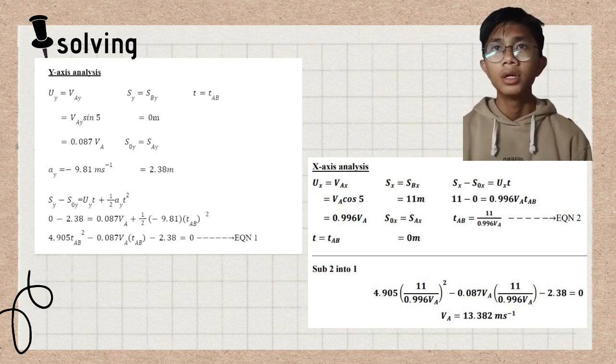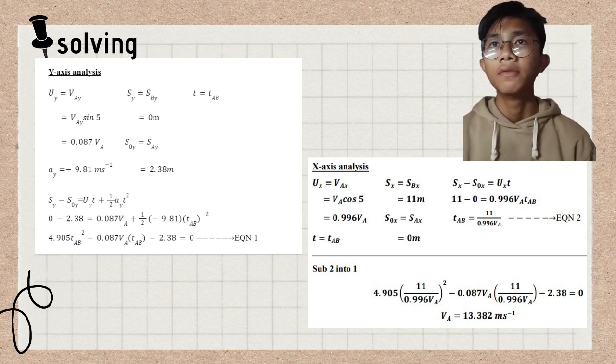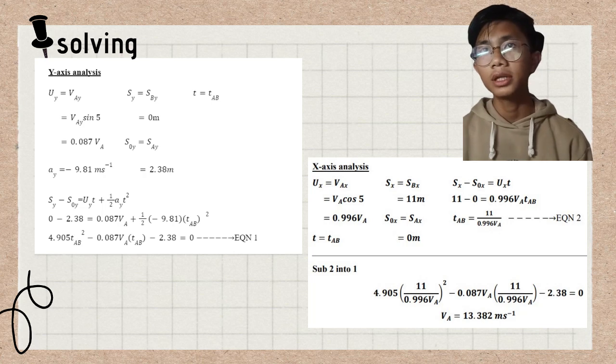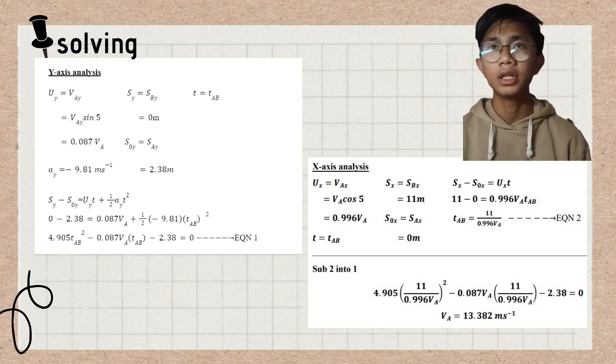So for the x-axis analysis, initial velocity x is VAX, VA cos 5, which is 0.996 VA. For the distance, SX is SBX, which is 11 meter, and S naught X is SAX, which is 0 meter.